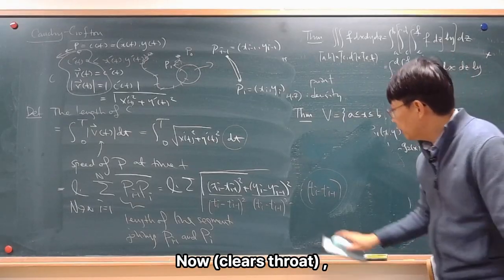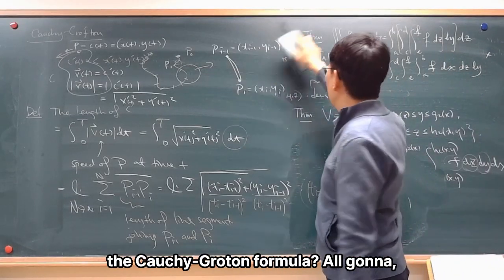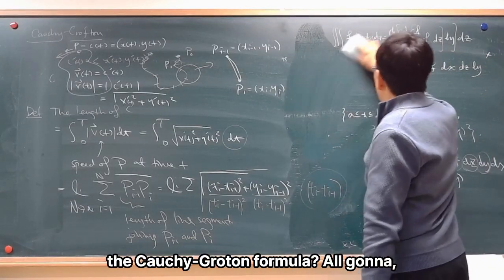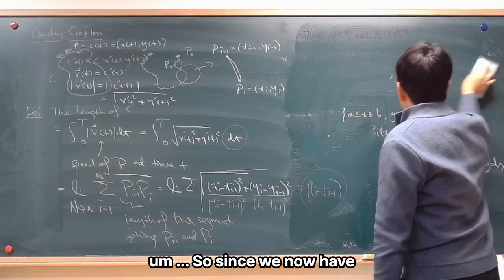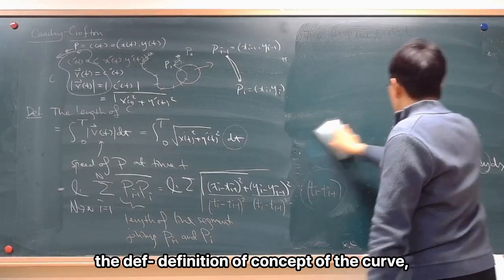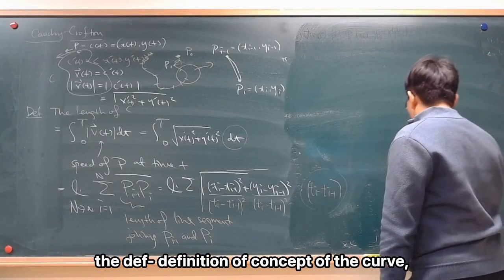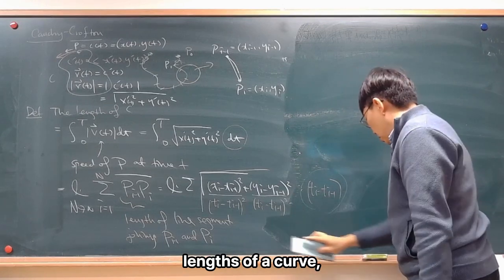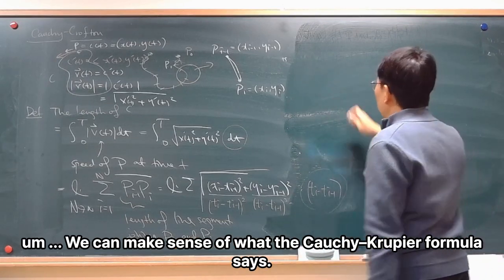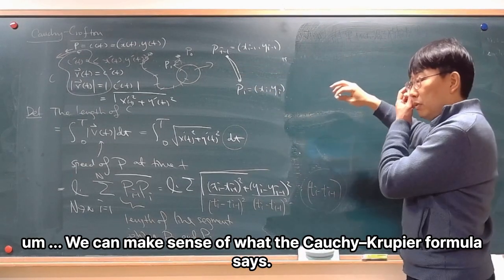Now, what are we going to do to talk about the Cauchy-Crofton formula? Since we now have the concept of the length of a curve, we can make sense of what the Cauchy-Crofton formula says.